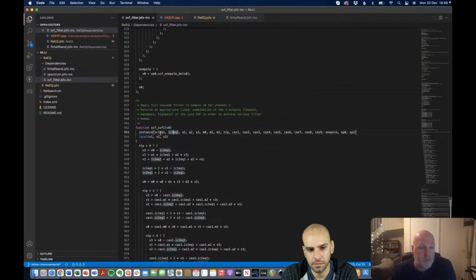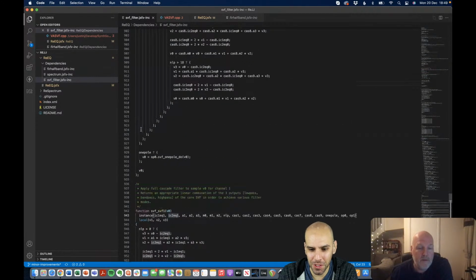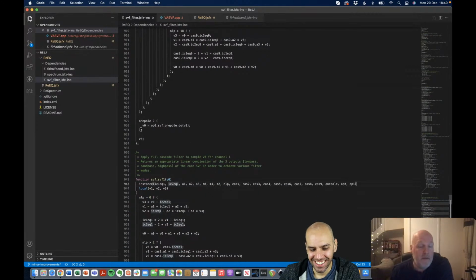But you asked where I store the IC1EQ and IC2EQ variables, the history variables essentially, and they're stored by way of the pseudo-object system in JSFX. I see. Do you know what IC1EQ and IC2EQ stands for? I really wanted to know that. It's a good question. You use them all over the place. I don't know.